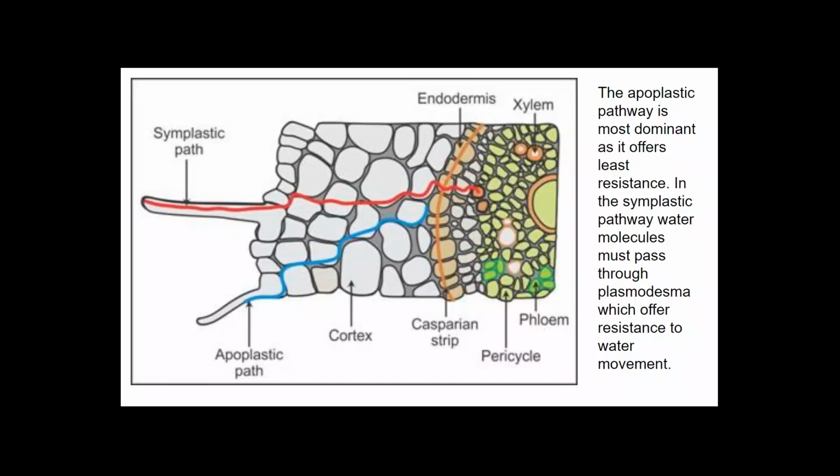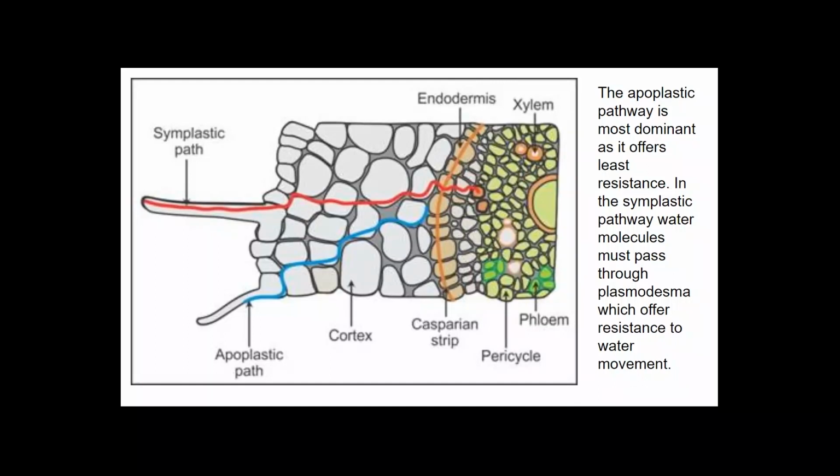This Casparian strip is a ring of hydrophobic material on the cell wall, and that means that the water can't move through it and is forced into the cytoplasm at this stage. So the apoplastic pathway is the most dominant as it offers least resistance.